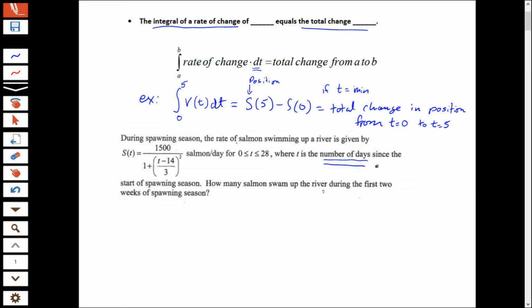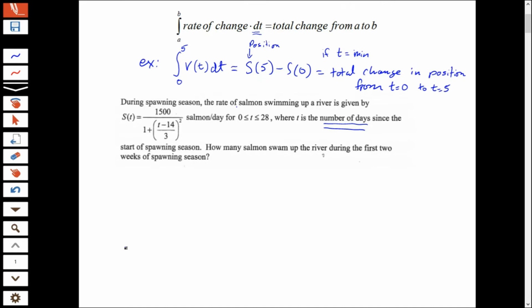Since the start of spawning season, how many salmon swam up the river during the first 2 weeks? Well, the integral of s of t dt is going to be equal to your actual amount of salmon. So for 2 weeks, if this is in days, we're looking for the integral from 0 to 14.